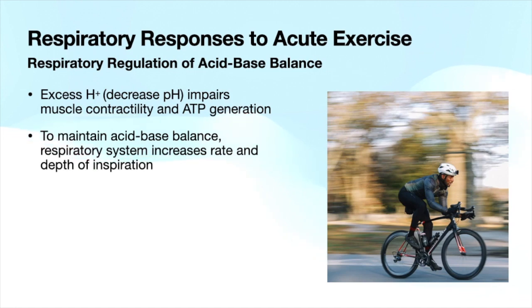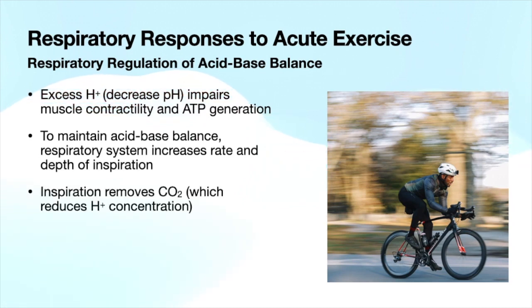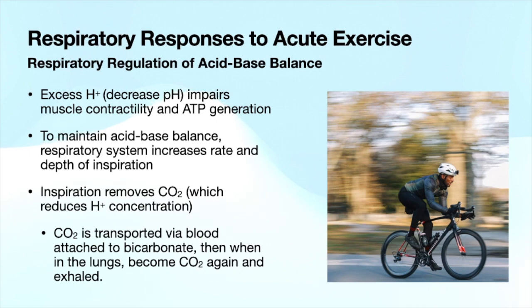Whenever we breathe, carbon dioxide is removed and this reduces the hydrogen ion concentration in our blood. Actually, your carbon dioxide is transported via the blood, attached first to the bicarbonate. Then in the lungs, it becomes carbon dioxide again, and it is exhaled out of the system. Right. So that's one of the major roles of our respiratory system, to regulate acid-base balance.